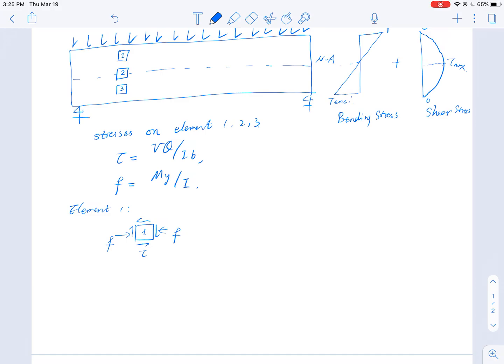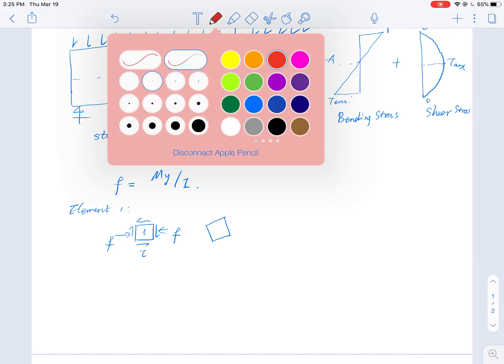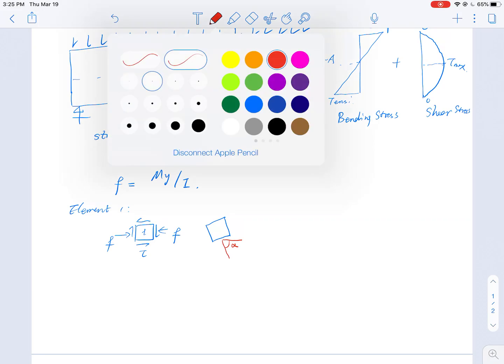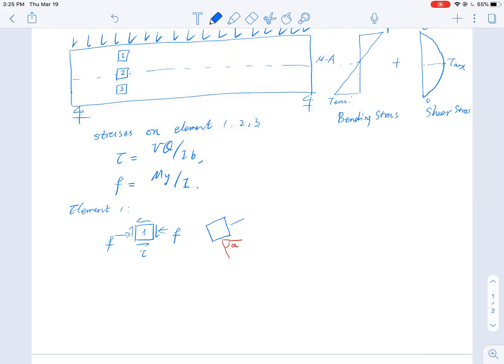okay, and then I will know that because it has a combined stress state, my principal stress plane will rotate by the angle of alpha, and I have the total compression sigma 2 and pure tension sigma 1 along the principal plane.